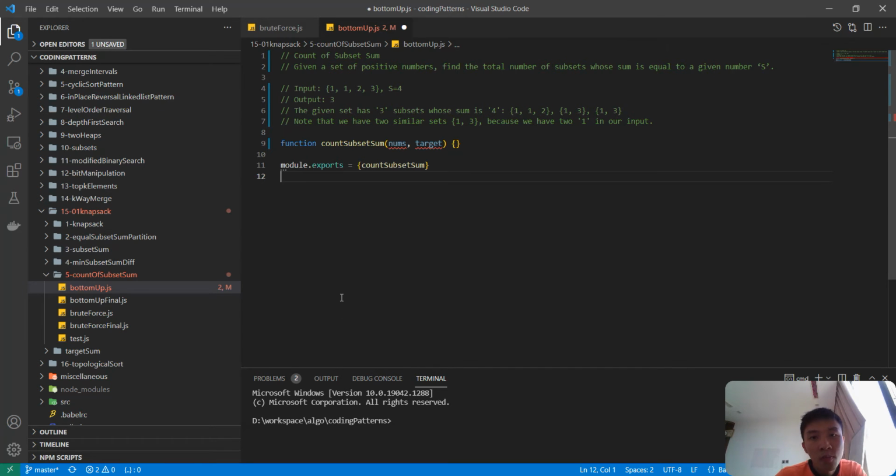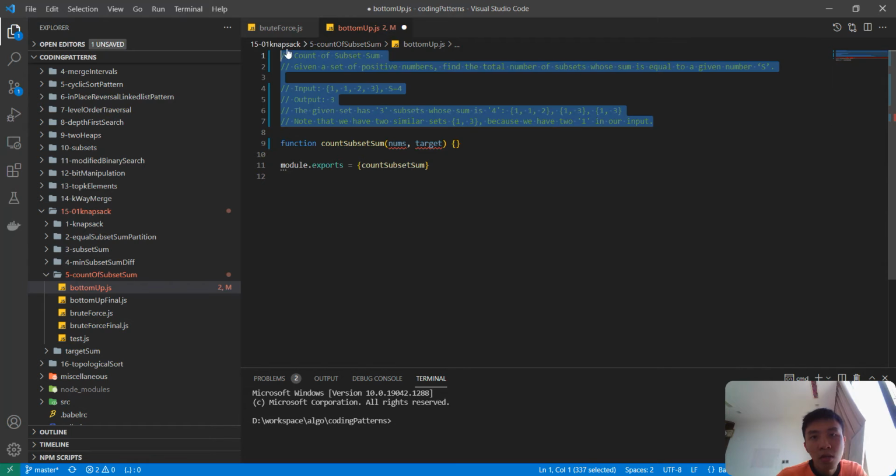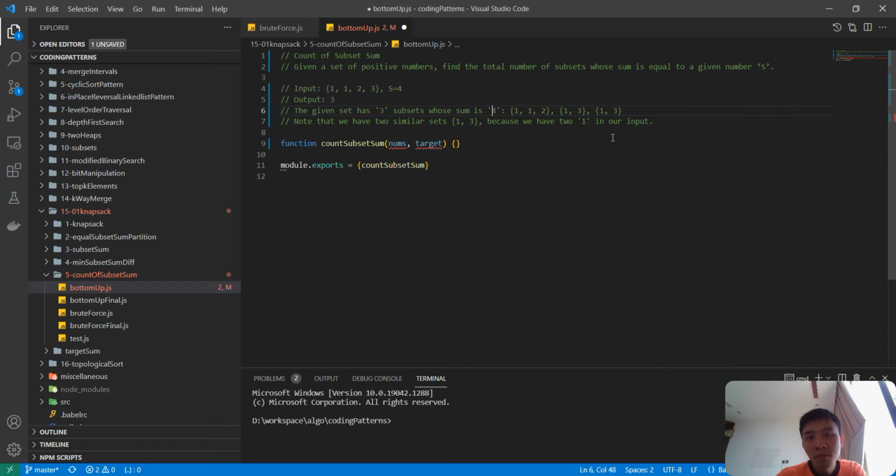We start from small problems first, then combine small problems into bigger problems, and eventually we will solve our original question using previously solved subproblems, previously solved small problems.